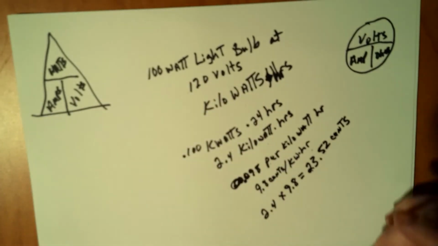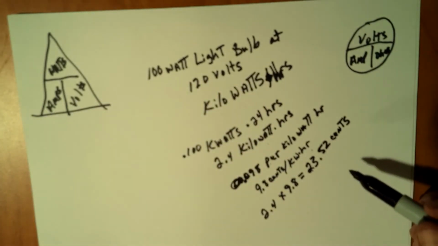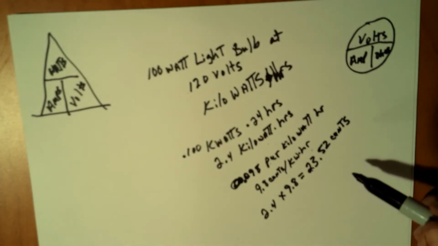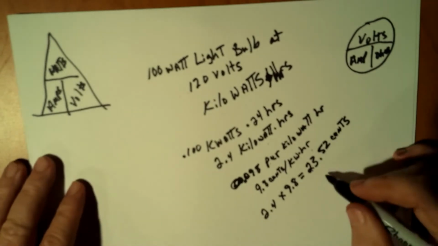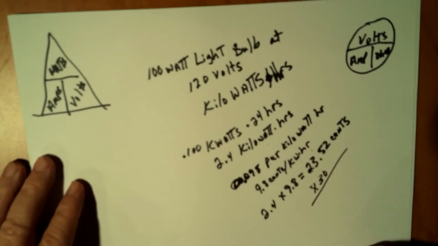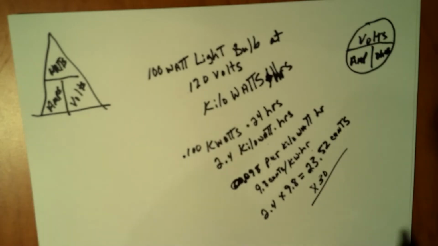So it didn't even cost a quarter to run that light bulb all day. But Dad might have a point, because there are 30 days in a month, so you multiply that by 30.